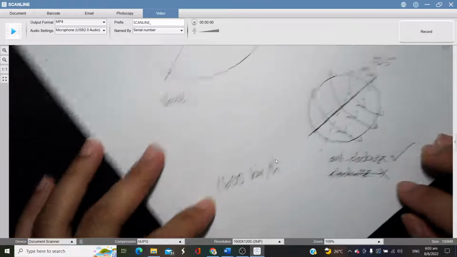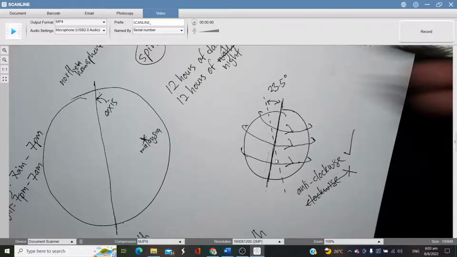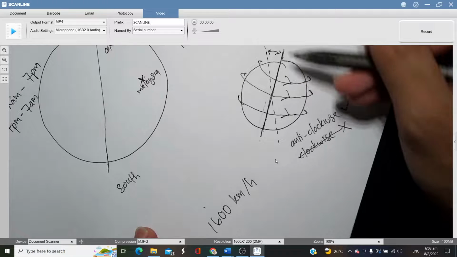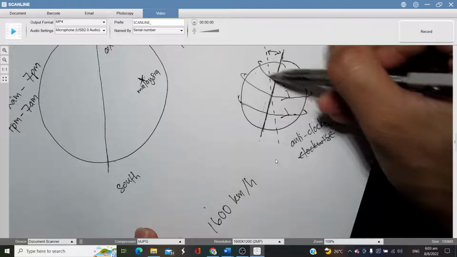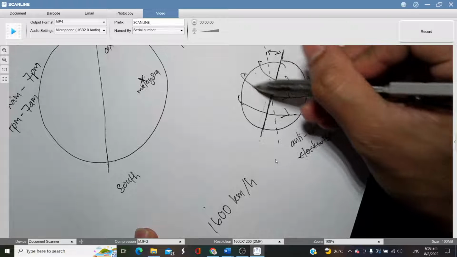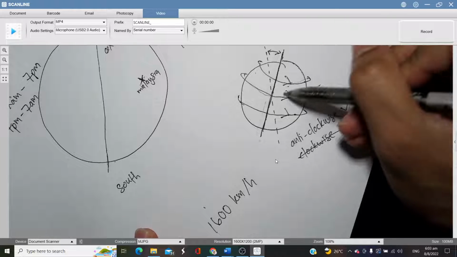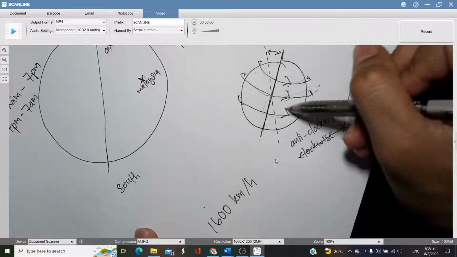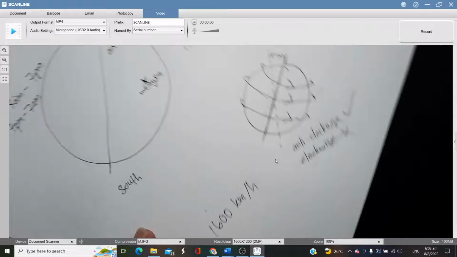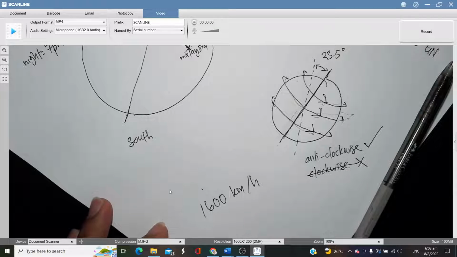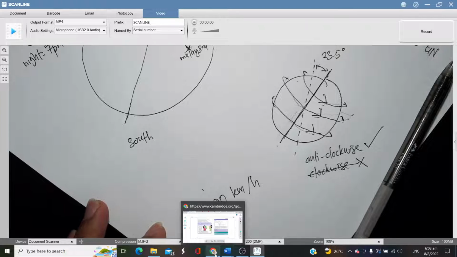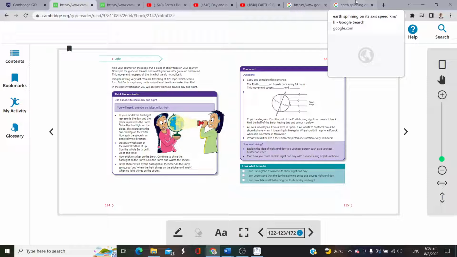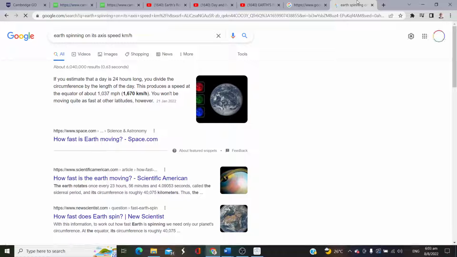The speed of the Earth. Let's look at it, you can Google also. Speed. There, you see, okay, 1,670 kilometers per hour.